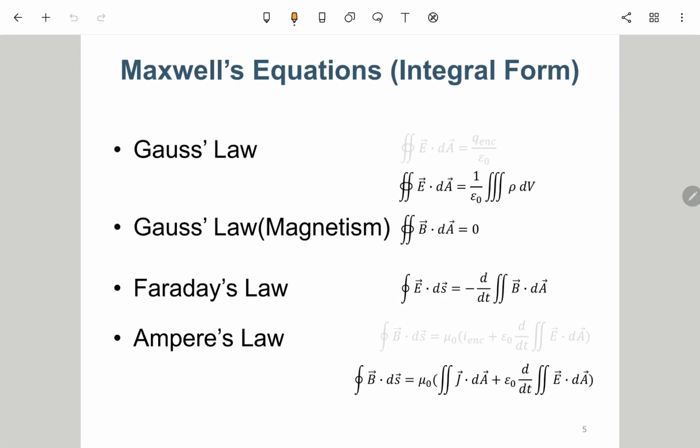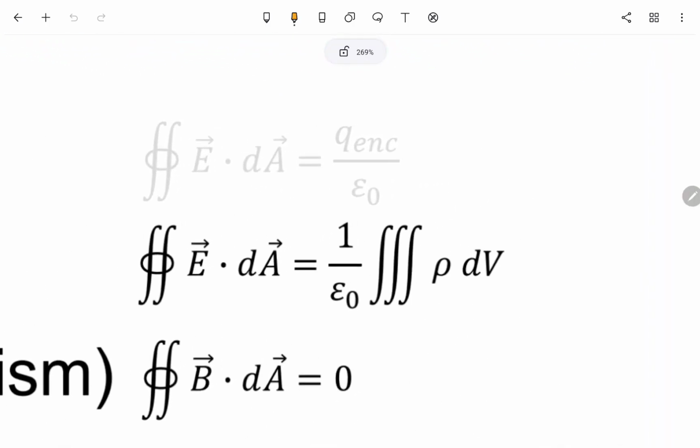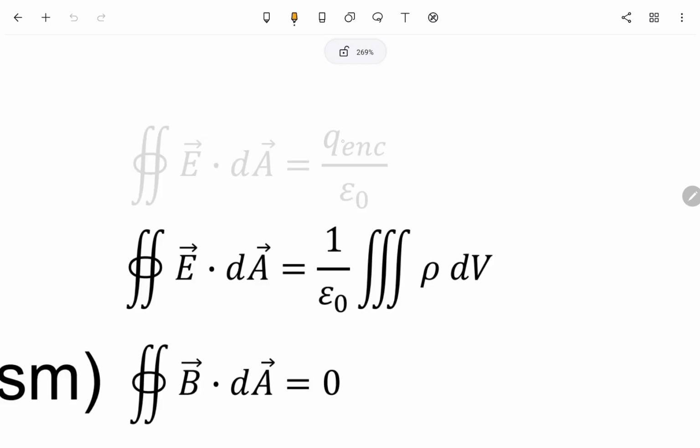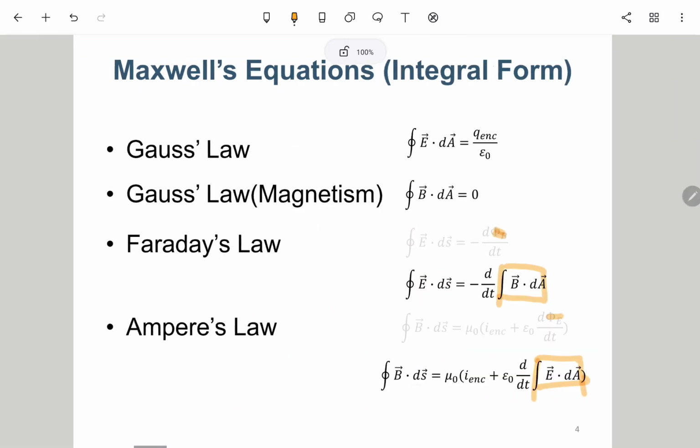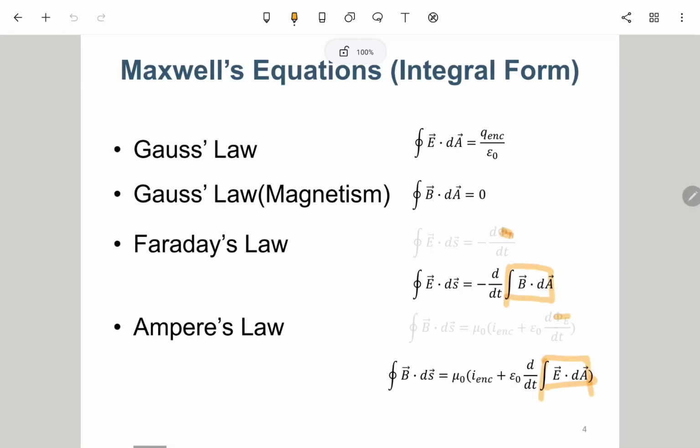But here we also try to make some more modification. So for the Gauss law, we originally have Q enclosed on the right side. Actually, most of the integration signs we also try to rewrite.